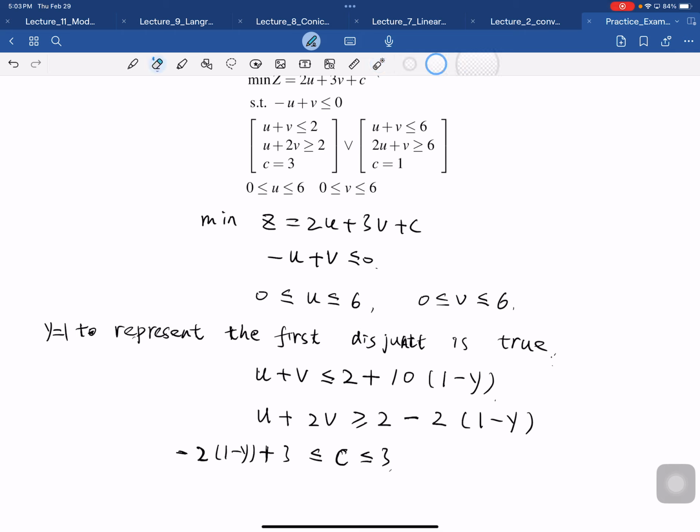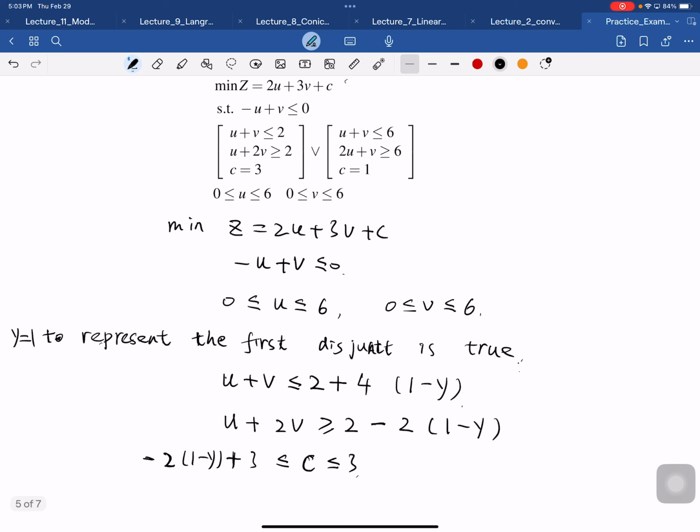Then I think you can pick 4 here. So maybe let's write down why we pick 4, because the other disjunct has u plus v less than or equal to 6.